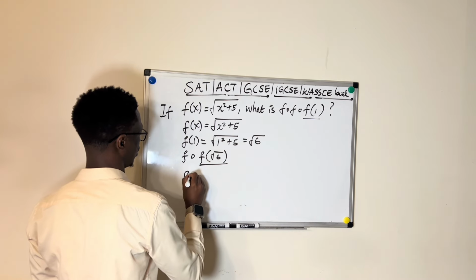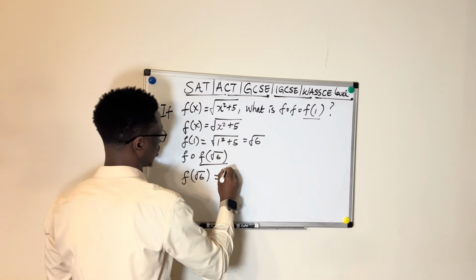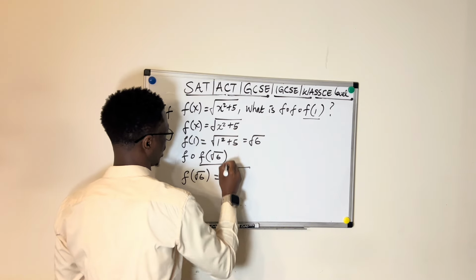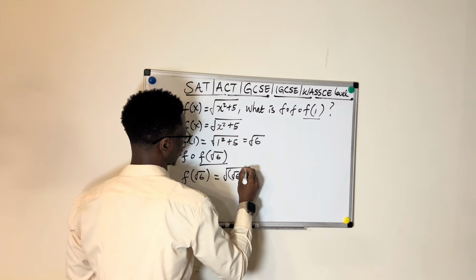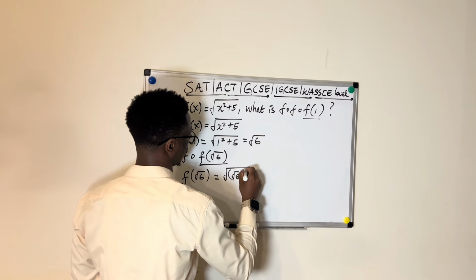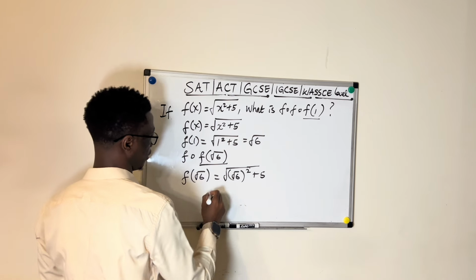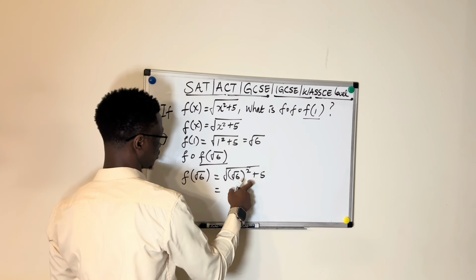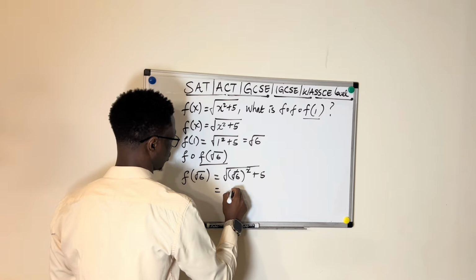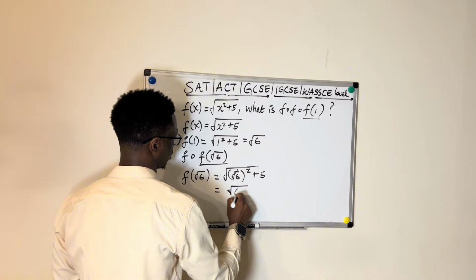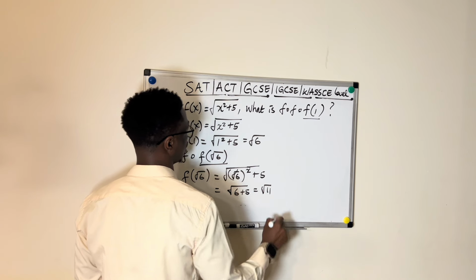Now you solve again. You say f of root 6. You substitute again. This becomes root of x squared plus 5, with x being root 6, and you square it. The square and the root cancel, so this becomes 6 plus 5, and that gives you root 11.